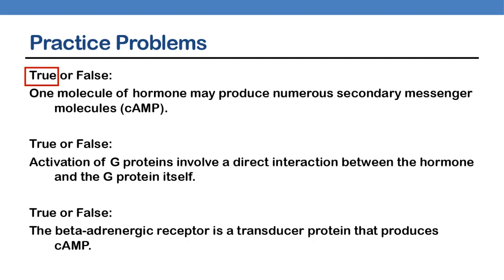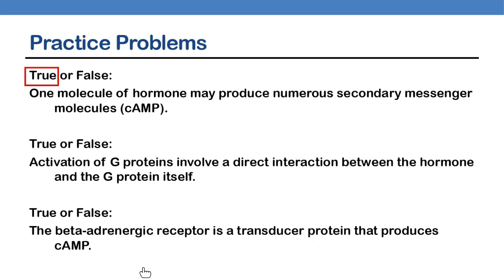Do another poll. True or false, activation of G proteins involves a direct interaction between the hormone and the G protein itself. Someone says, is there a particular ratio? How many cAMPs are formed with one hormone?